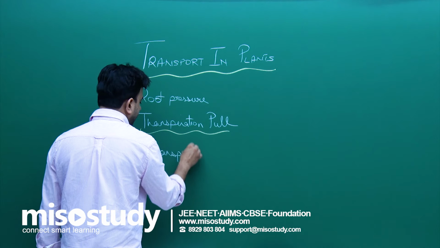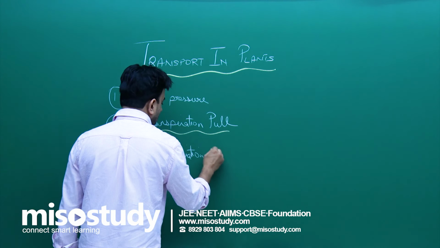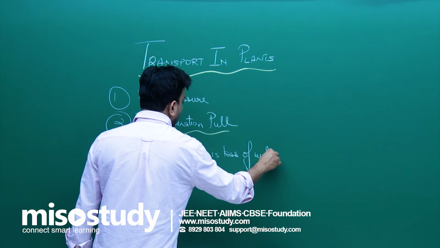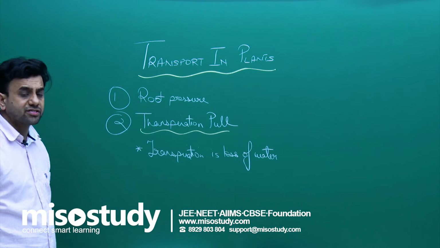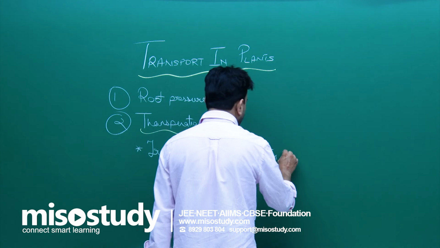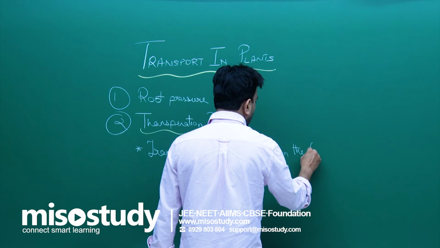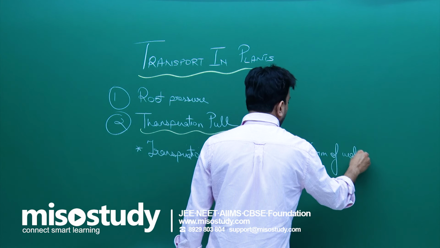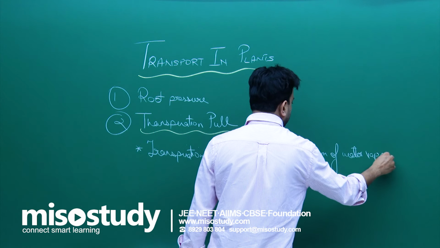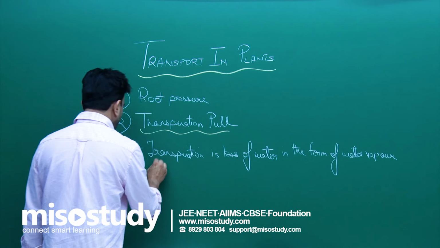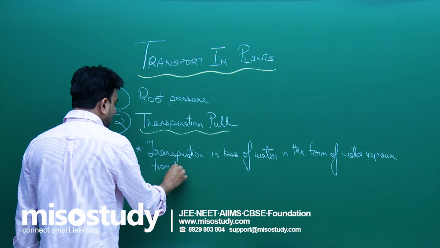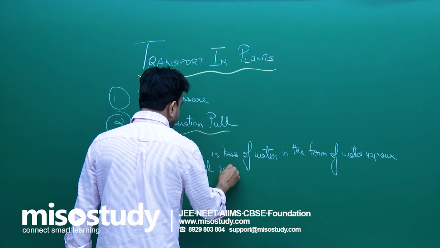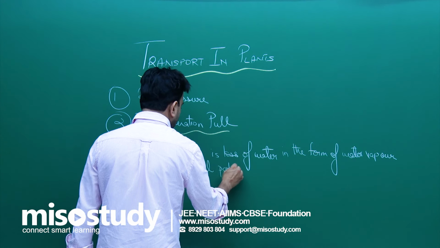Transpiration is loss of water, right? Transpiration is loss of water in the form of water vapor from the aerial parts of the plant.